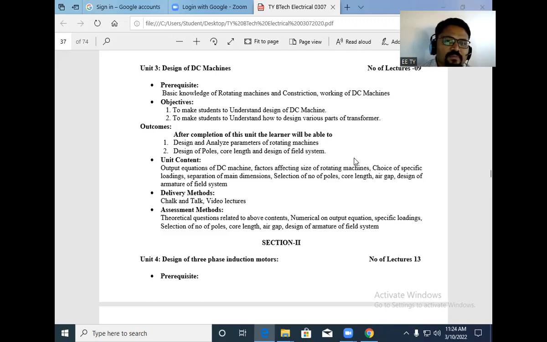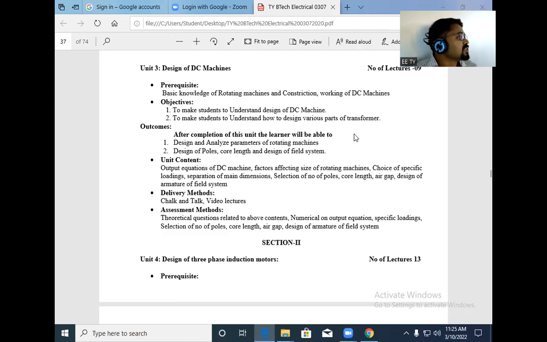Okay, now we are concerned with the design of transformer and design of DC machines. Whenever you are concerned with the design of rotating machines, it may be a DC machine, an induction motor, or a synchronous machine. The very important point is the selection of number of poles. The number of poles is applicable only in rotating machines.